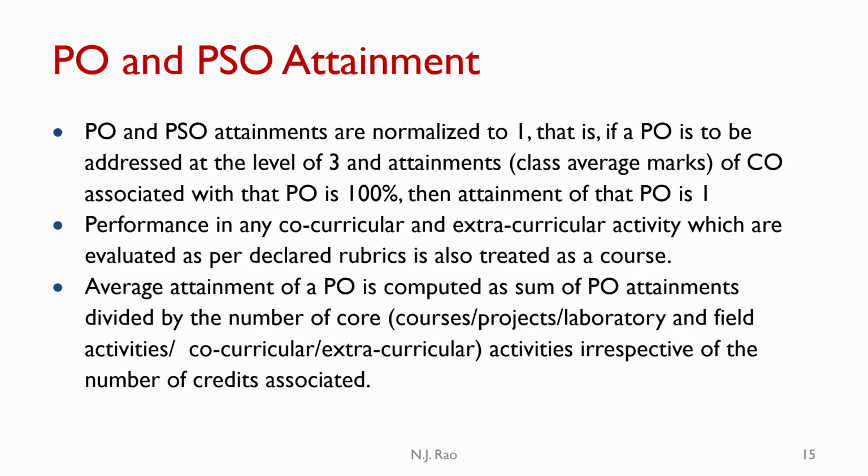We just say all courses are similar and compute an average, dividing the total attainment by the number of courses, or rather the number of activities like project, presentation, co-curricular, extracurricular. Each activity I will treat as if it is a course and then divide the total PO attainment by that number. As I said, it is very gross, but what is of importance is that according to that criterion we are improving continuously.